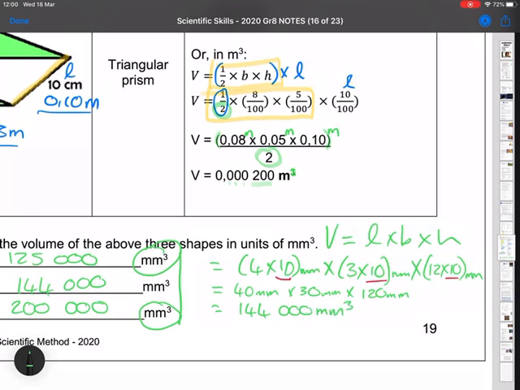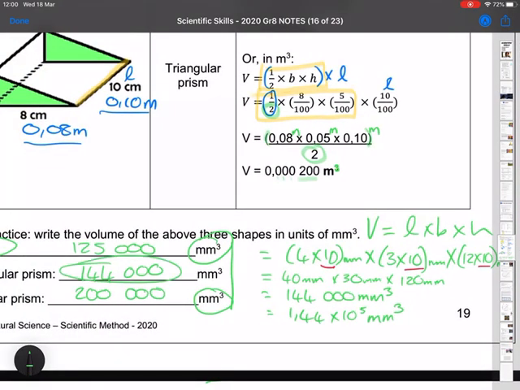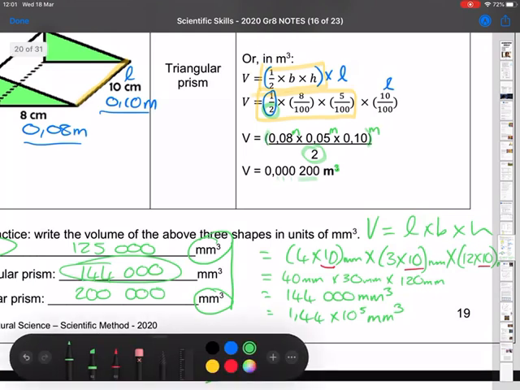If you want to, you can write that in scientific notation. In scientific notation, it'll be 1,44 times 10 to the power of 5 cubic millimeters. Right, so that's how we get that 144,000 cubic millimeters.